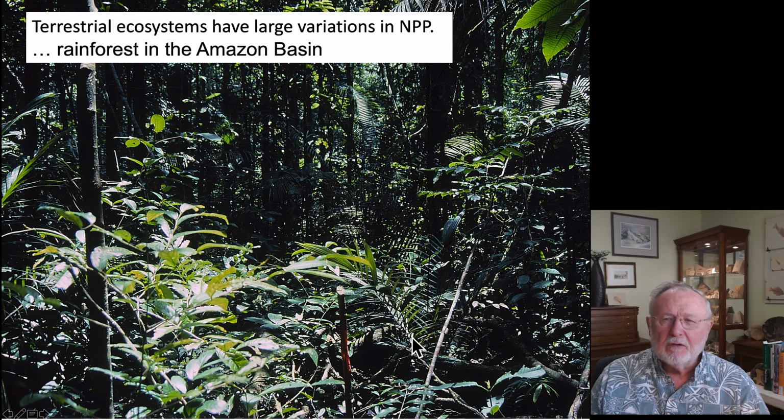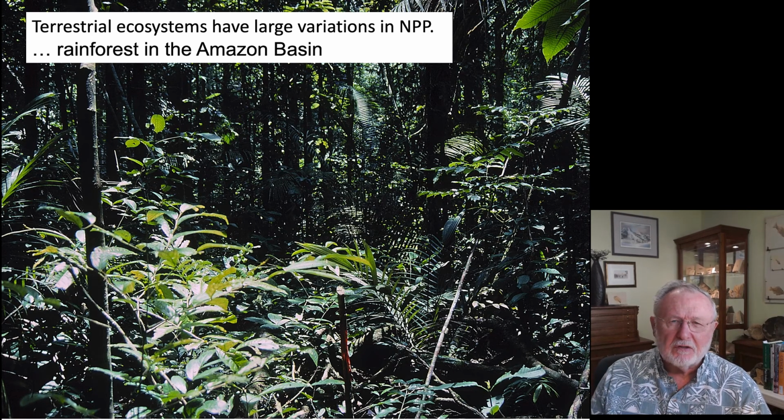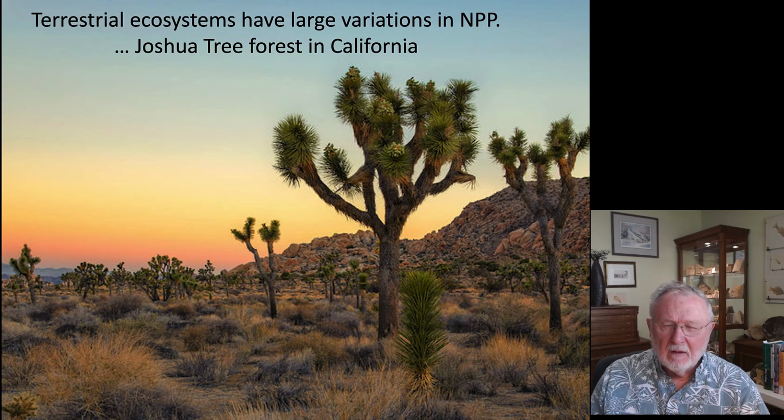If we go to some locations on Earth, such as the rainforest in the Amazon Basin, we find that they can have large sinks for net primary productivity. On the other hand, drier ecosystems, such as shown here for the Joshua Tree Forest in California, are drought limited. Stomates close in response to drought, and net primary productivity is much lower.